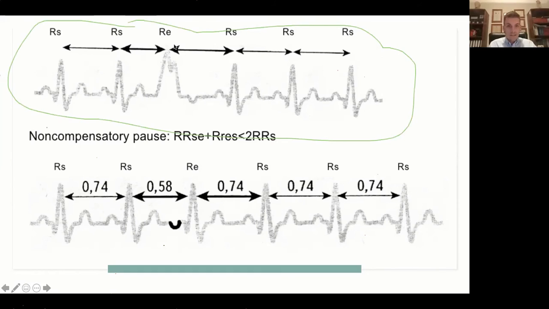Why, you ask? Because for a compensatory pause to occur, you need the addition of those two distances to be the same as this place here. Because that means that the heart had the complete amount of time necessary to recover from this extrasystole.